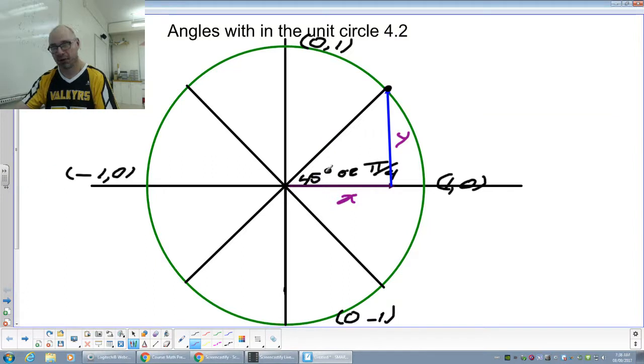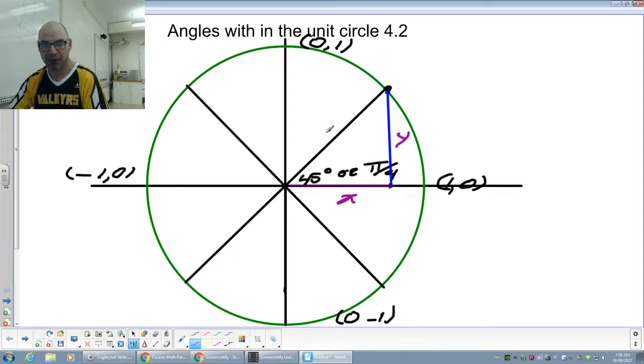Or sorry, pardon me, I got that wrong. This is 1 here, but we know that this would be 1, 1, and root 2 in our relationship. So we have to do a little bit of a ratio type thing. We know that this is 1 because that's the definition of a unit circle.